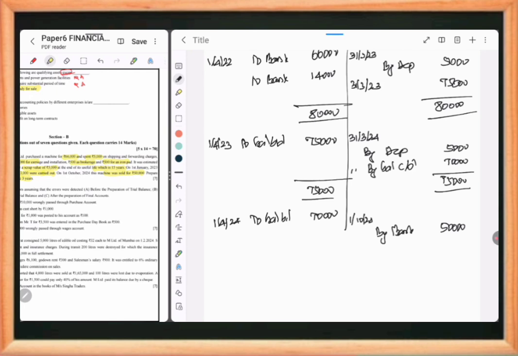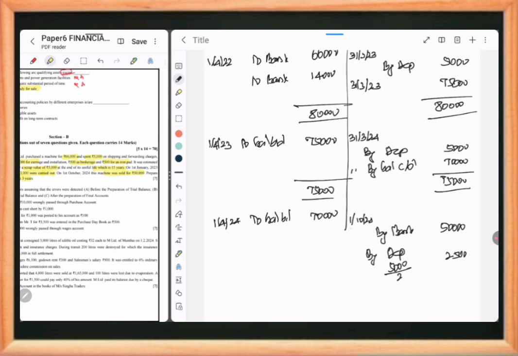April, May, June, July, August, September, that is 6 months over. On 1st October we are selling for 50,000 rupees. So depreciation we have to provide up to the period. So by depreciation, for 1 year 5,000 rupees, for 6 months, for half a year, that is 2,500 rupees we have to mention.